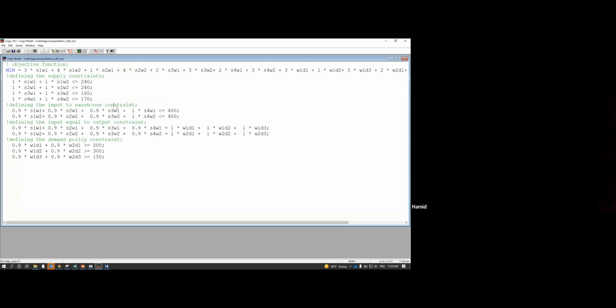So it never cares if you lose or not. You should pay for it. So the objective function is intact.